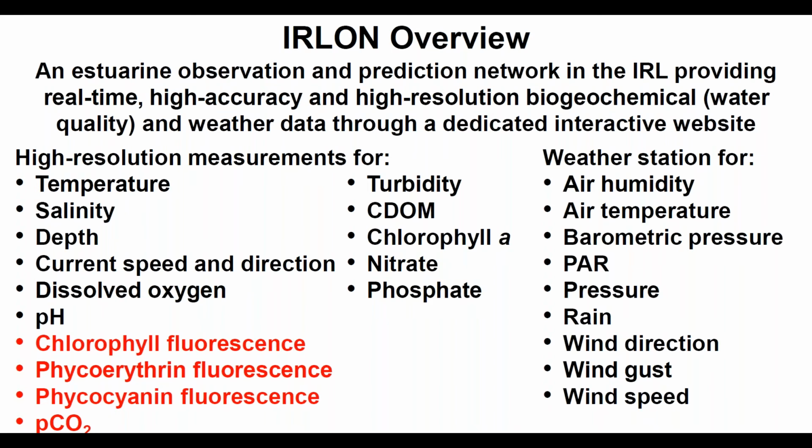As I hinted, I think the meteorological data adds a lot of power to being able to understand what we see with changes in water quality. Then last year, as part of an initiative to upgrade IRLON's capabilities, we added additional sensors, highlighted here in red, that address specifically harmful algal blooms and coastal acidification.